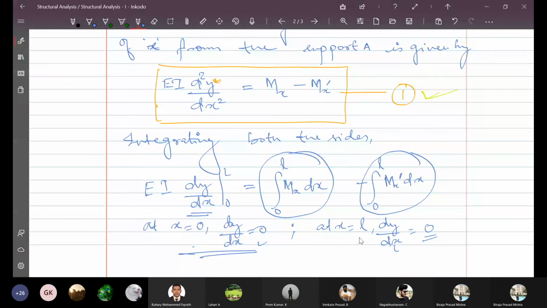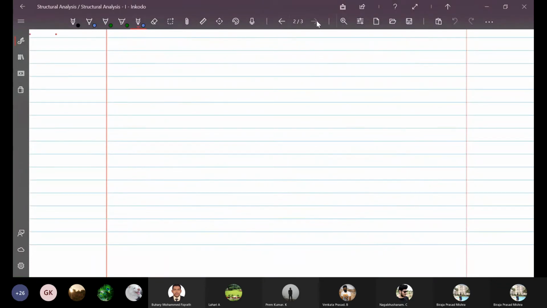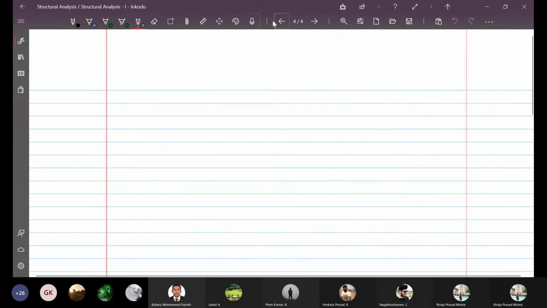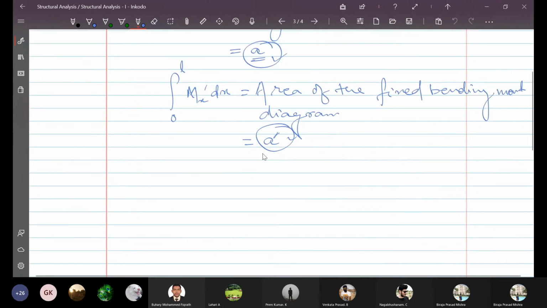All this dy by dx is 0. So I can write, substituting these two conditions in equation 1.